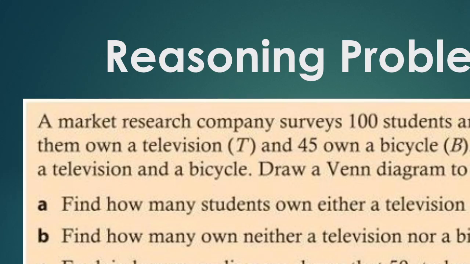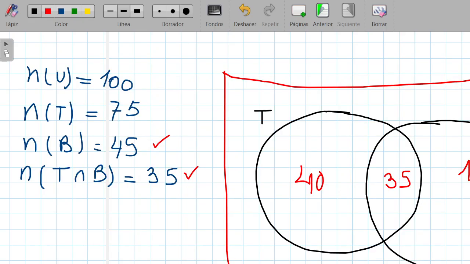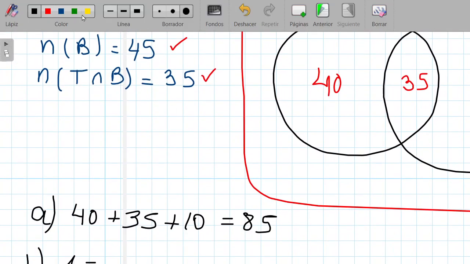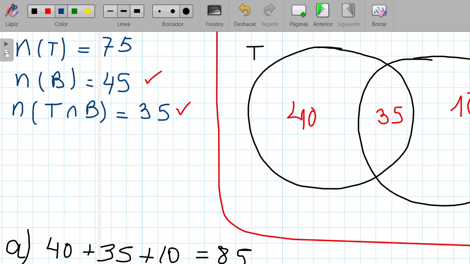Explain why your diagram shows that 50 students own either a television or a bicycle, but not both. Okay, so in C it says 50 students have either a television or a bicycle. So we have 40 plus 10. But they don't have both. So 50 students only have television, here only 40, or only bicycle, that you can see here.